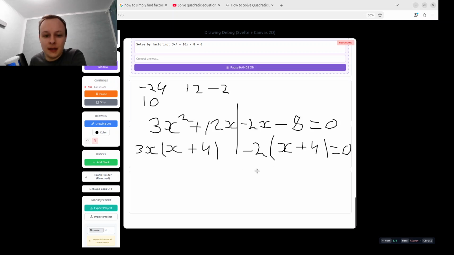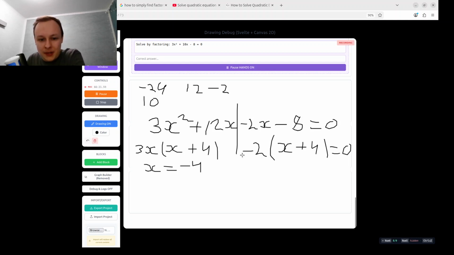Alright, and as already told before, the first solution is very easy to find. It will be x minus 4, because if you get 0 here, the whole equation will be 0.